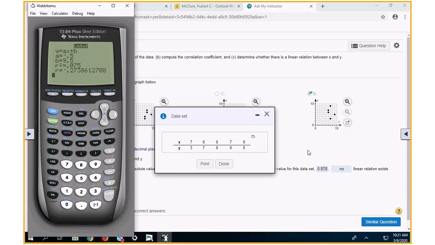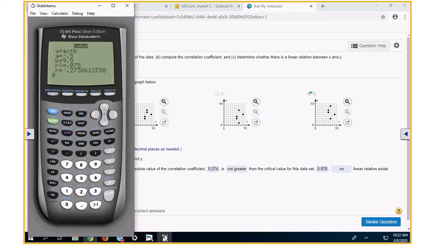There we go. All right, so now I want you to graph your scatter plot. So take your handy dandy calculator and hit second, y is equal. Hit enter to go into number 1. You can go into number 2 if you want to, but usually everybody goes into number 1. And hit enter for the on.